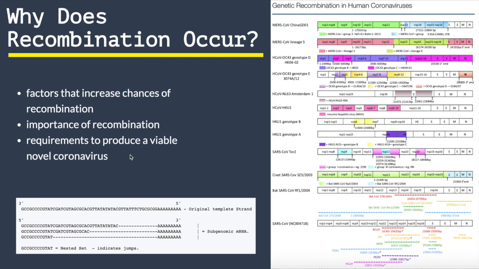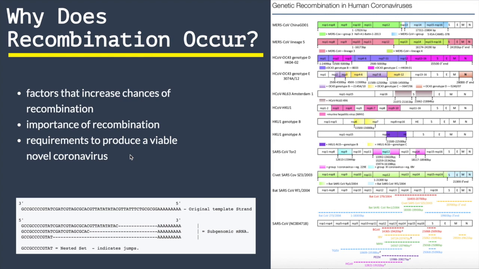However, there are some requirements in order to produce a viable novel coronavirus. So obviously you need two coronaviruses to infect a host at the same time, but they also have to continue to replicate without interfering with each other. There also needs to be enough similarity between their genome sequences to even allow recombination to occur during RNA replication.